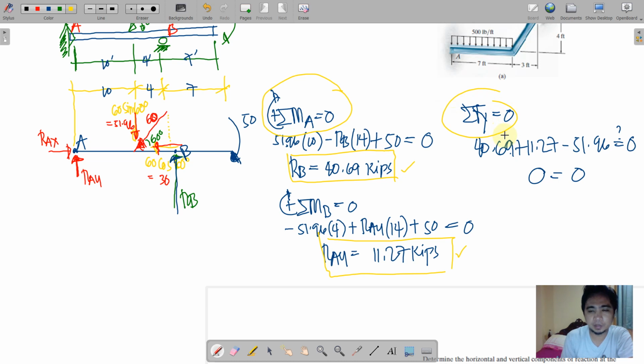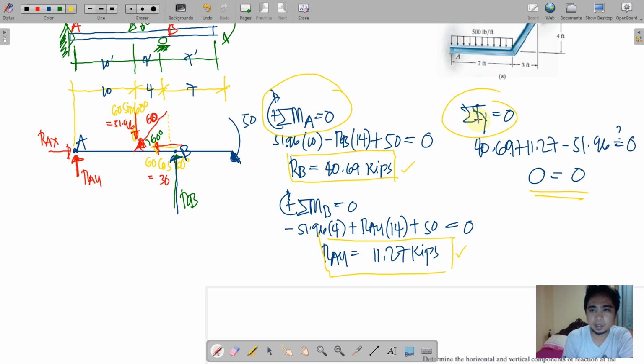So I would like to emphasize that, huwag kayong magmadali sa ating solution. Just go on with the summation moments in order to determine the reactions, and then ito check mechanism lang po yan. Okay?